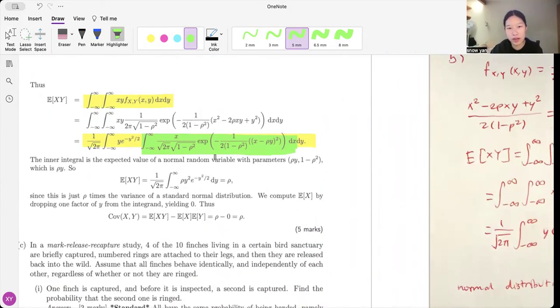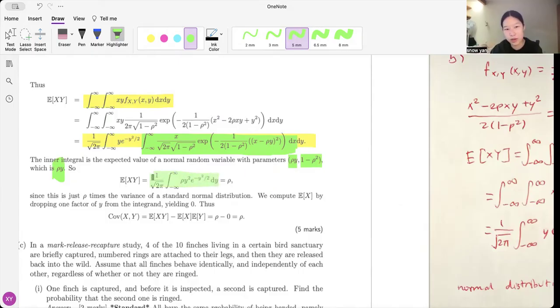The mu would just be rho of y, and our variance would be 1 minus rho squared. So the expected value under this normal distribution would just be the mean, which is this thing. We can simplify this whole thing as this, and then we plug it back into our outer integral, and we get this thing over here.